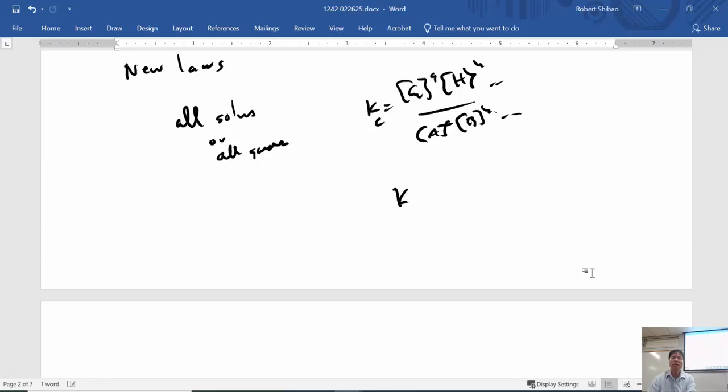And then we have something called Kp. Kp is going to be the partial pressure of G raised to little g, partial pressure of H raised to little h, over partial pressure of A raised to little a, partial pressure of B raised to little b.